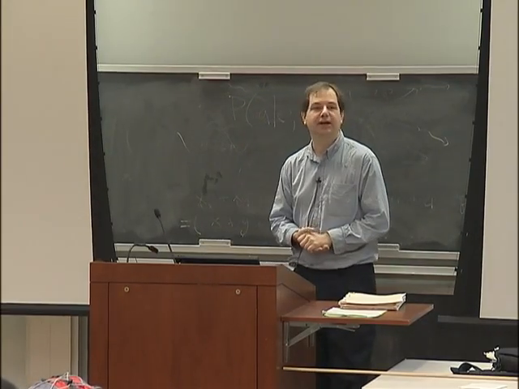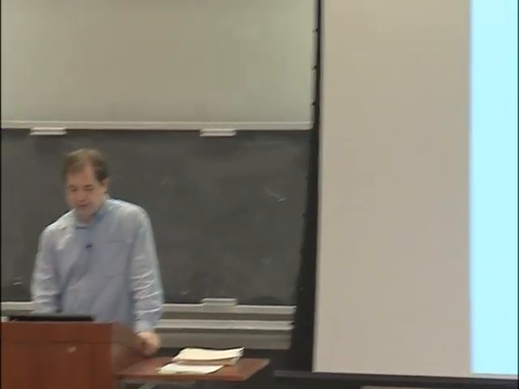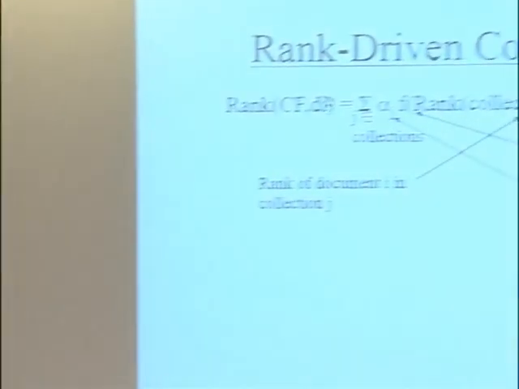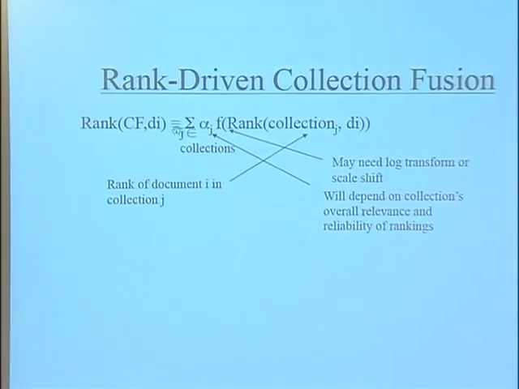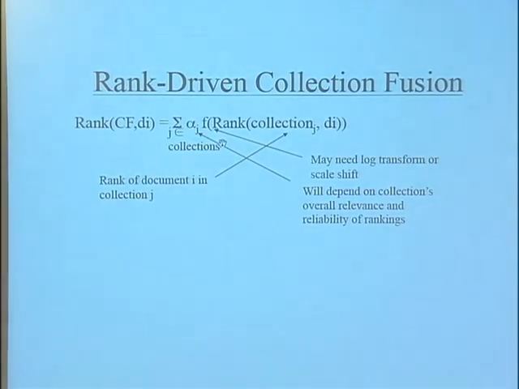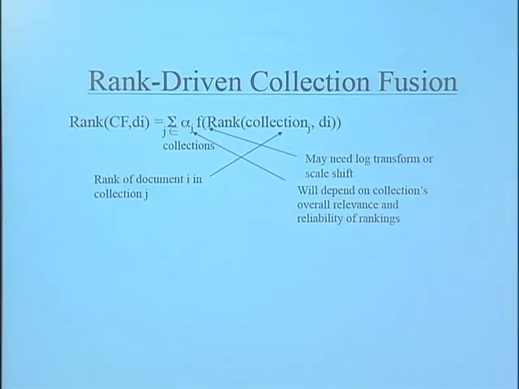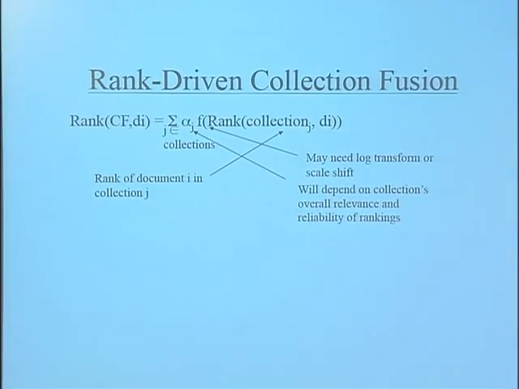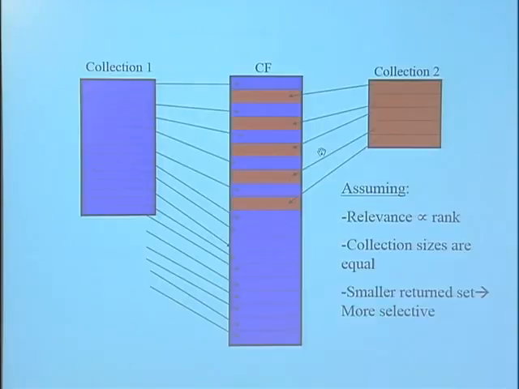Editorial comment aside, we're in a situation now where we'd like to have rank as a function of some function over the rank of a given algorithm or engine on a collection and a document. And this may need to do some sort of transformation in various ways. We'll come back to that in a moment.